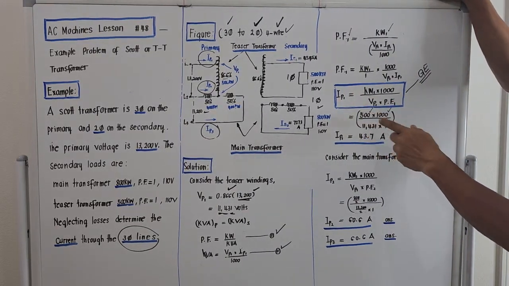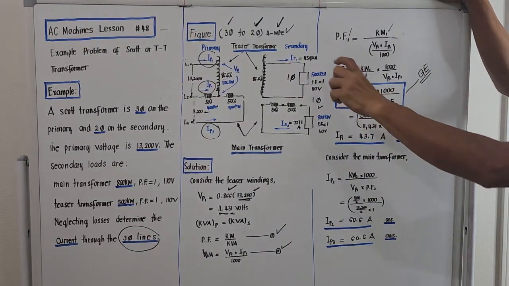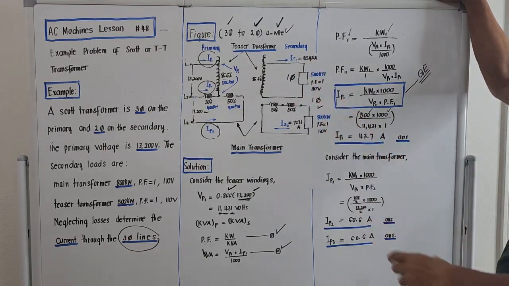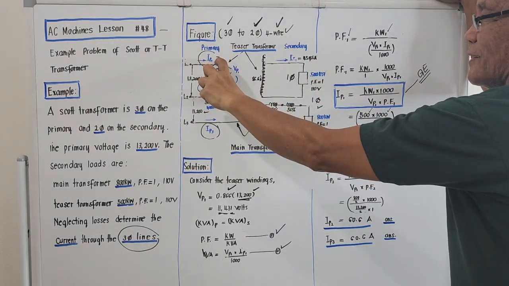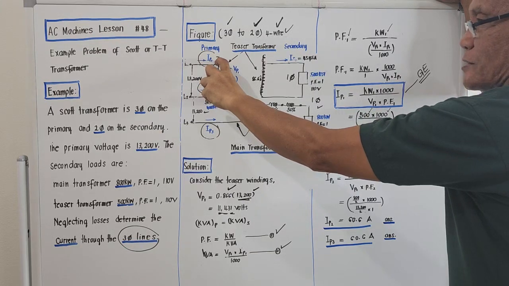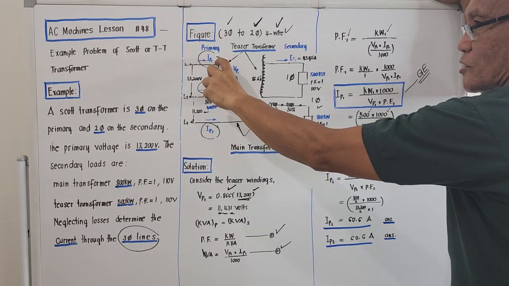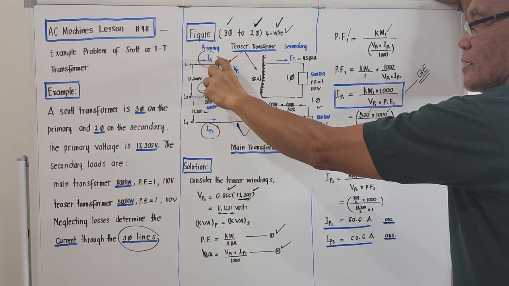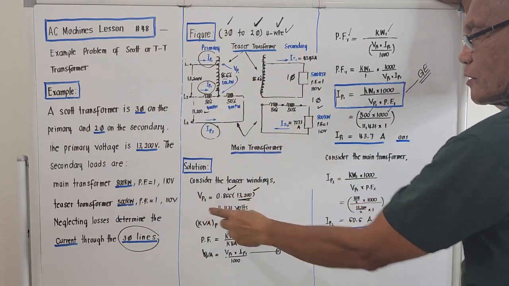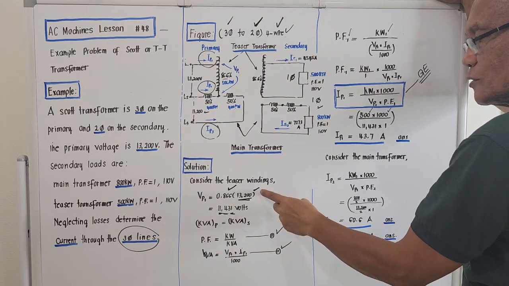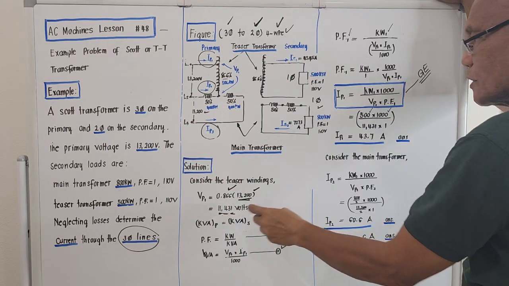And the voltage that carries this 500 kilowatts is only this voltage here. It's the voltage that comprises the 86.6% winding. So if we try to compute for BP1, it is 0.866 times 13,200, and that is actually 11,431.